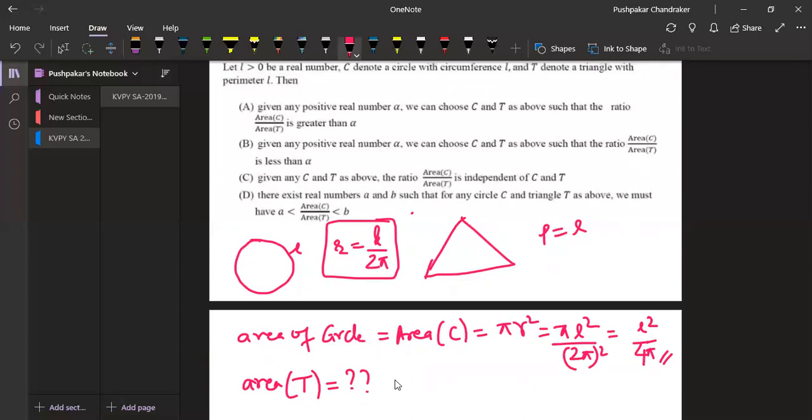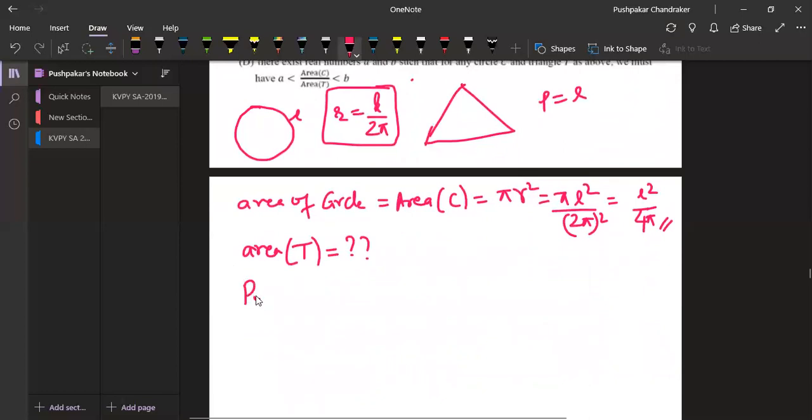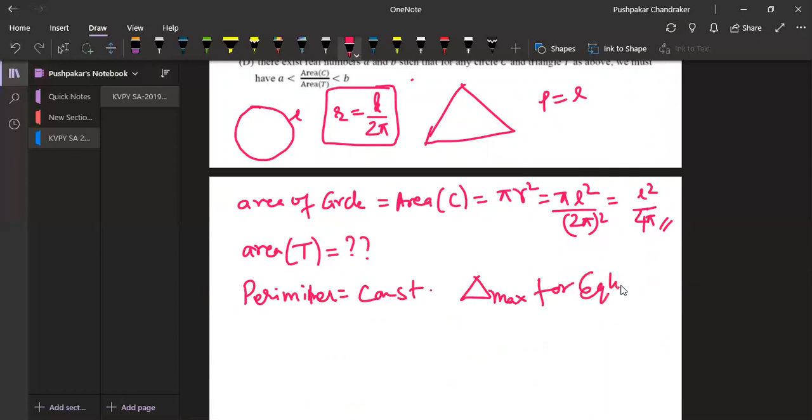We just know the perimeter is L. Now the concept in mathematics is this: whenever the perimeter is constant, the triangle's area is maximum for an equilateral triangle. The same thing applies to a quadrilateral: when its perimeter is constant, the area is maximum when it is a square. And the same for a pentagon and so on. So whenever the perimeter is constant, the area is maximum when all sides are equal.